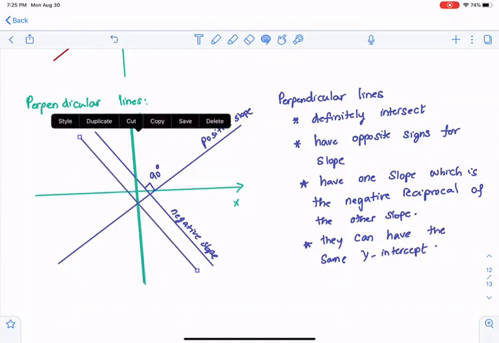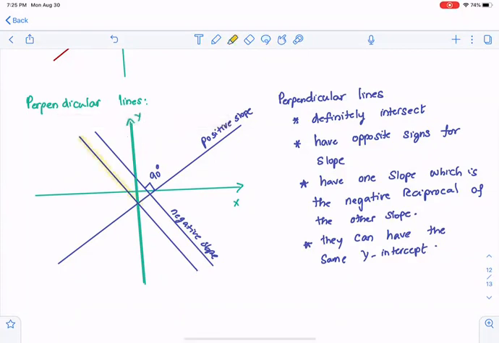So you can see that the second line is perpendicular to the first line, but that line has the same y-intercept as the first line. So they can't share the same y-intercept.